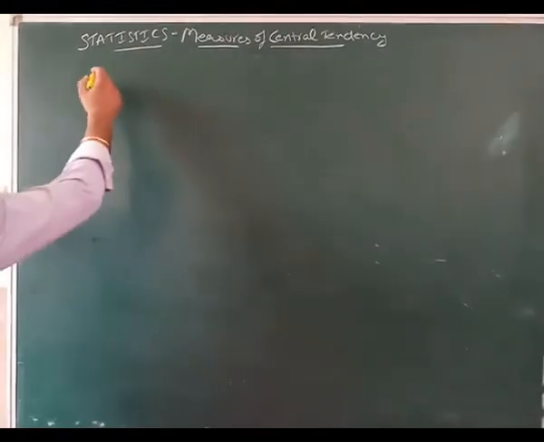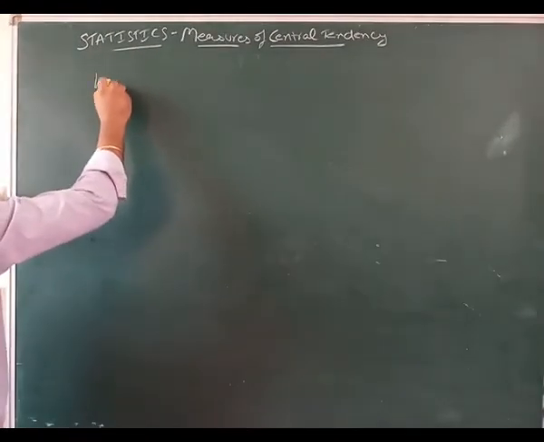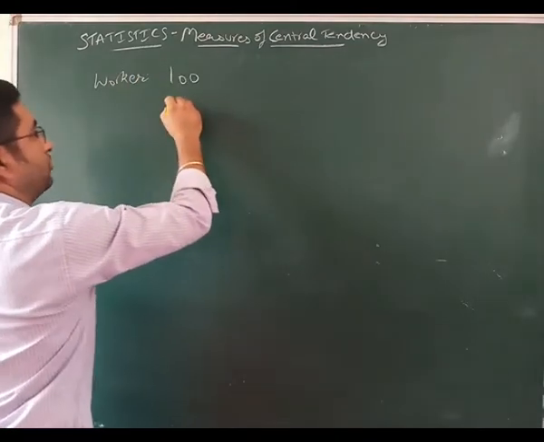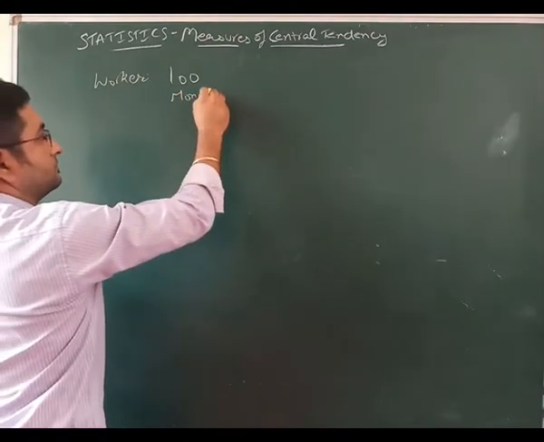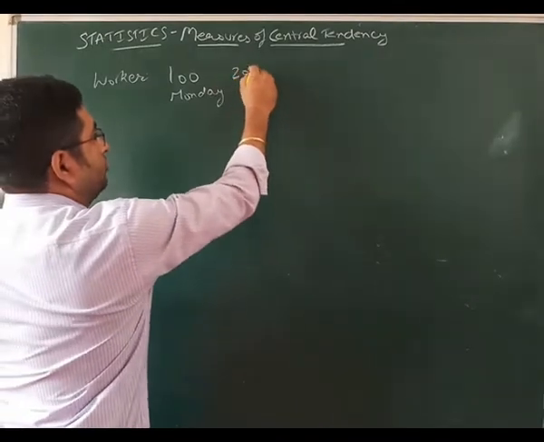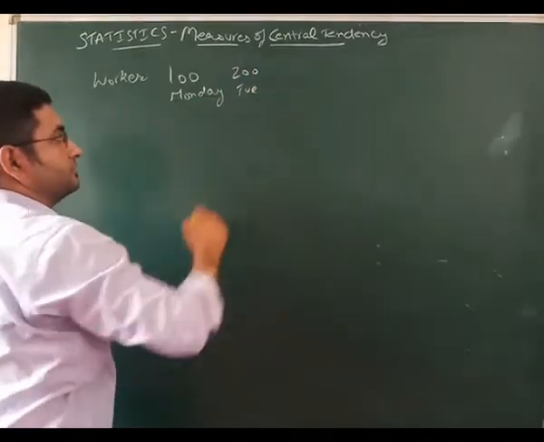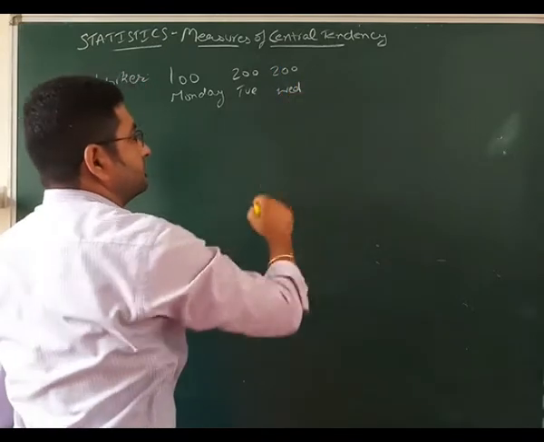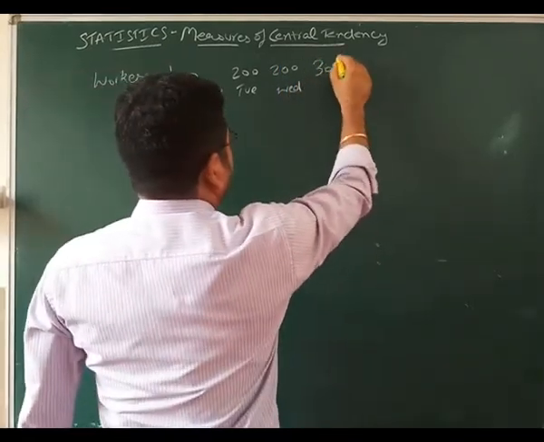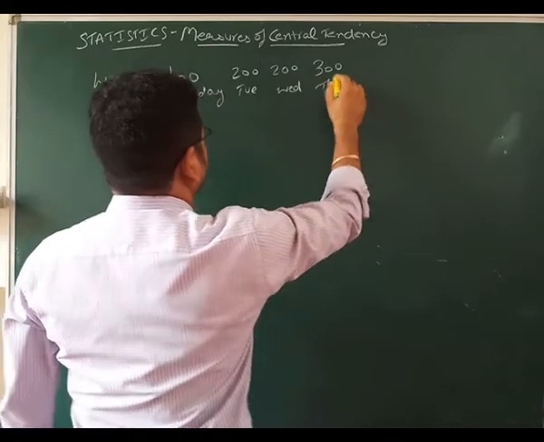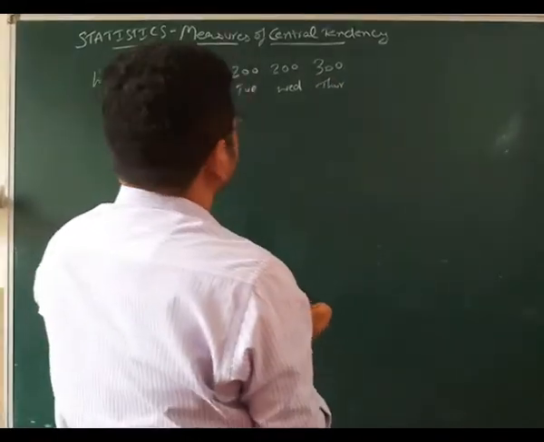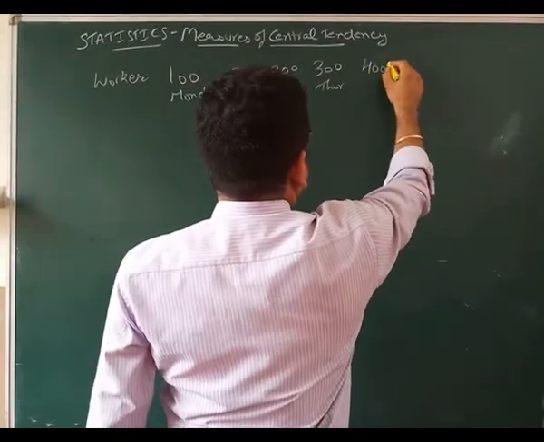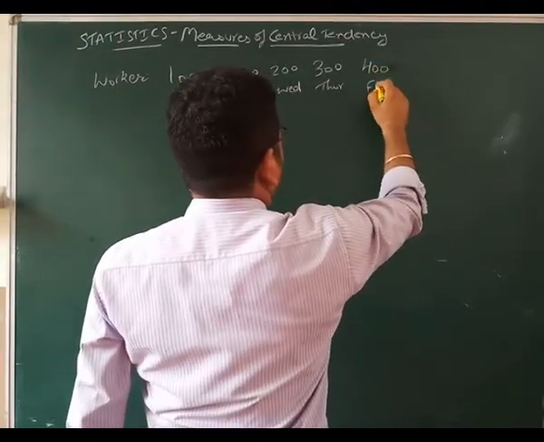So let's take an example. A worker earns 100 rupees on Monday, 200 rupees on Tuesday, 200 rupees again on Wednesday, 300 rupees on Thursday, and 400 rupees on Friday.